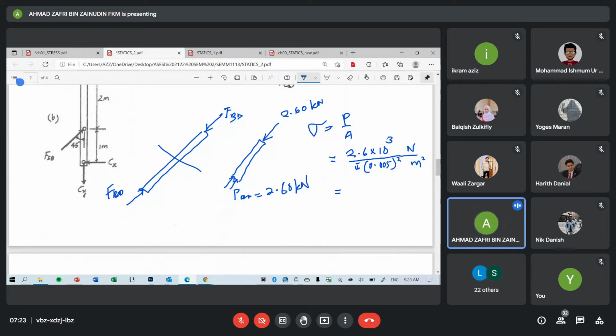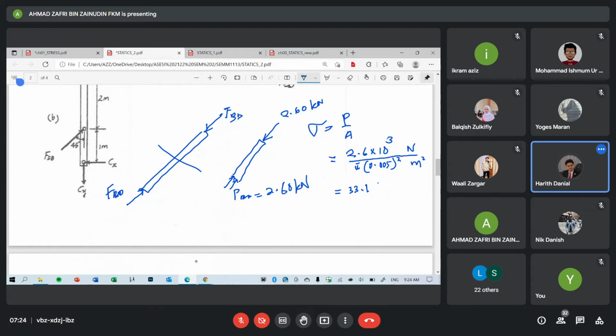What's the value? 3.1 kilonewton per meter square?